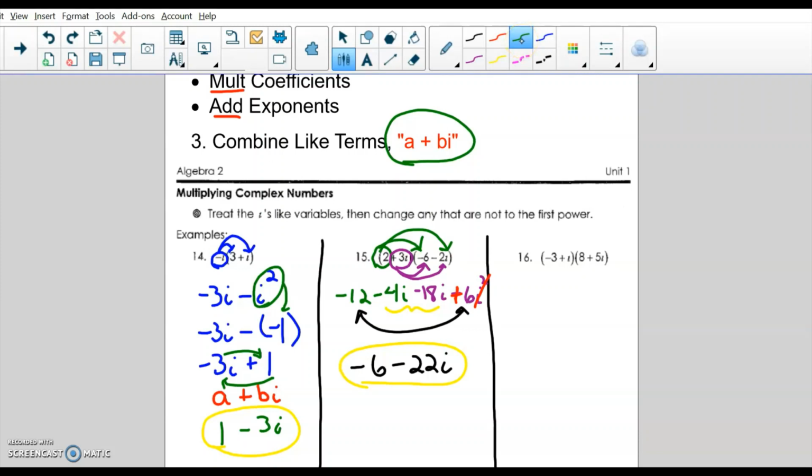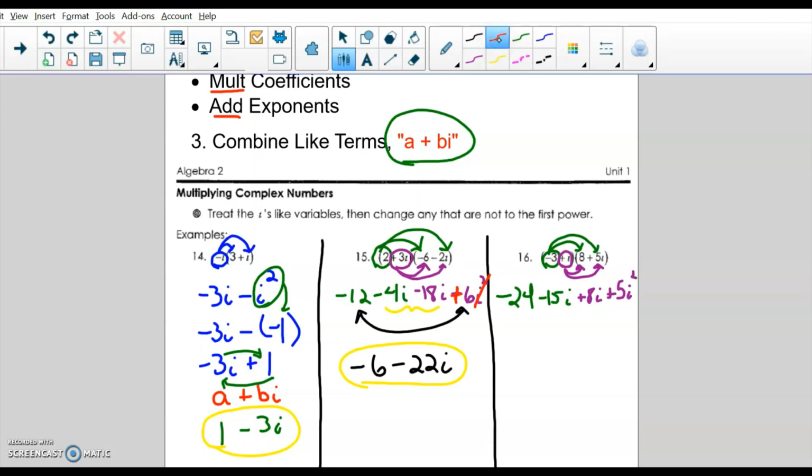All right. So again, we'll use FOIL. Negative 3 times 8 is negative 24. Negative 3 times 5i is negative 15i. i times 8 is 8i. And i times 5i is 5i squared. Okay?